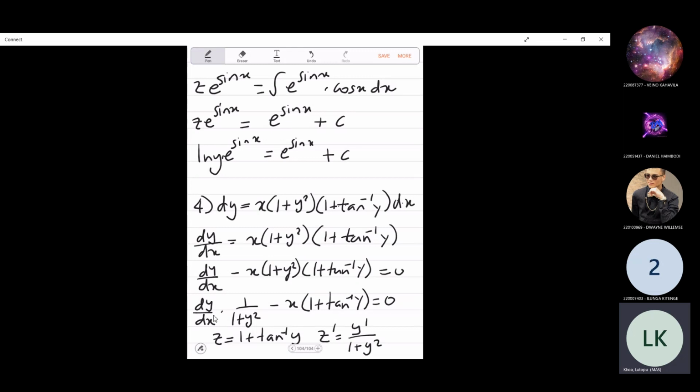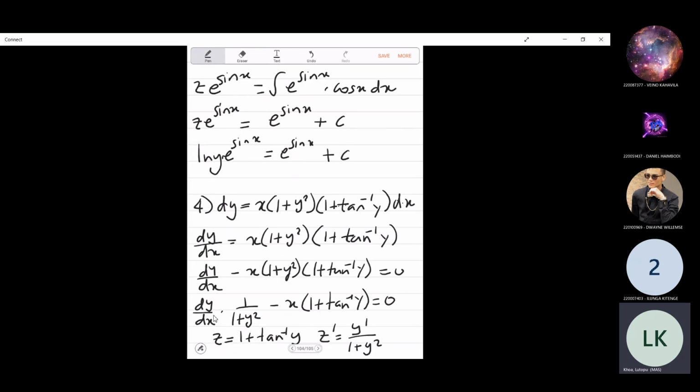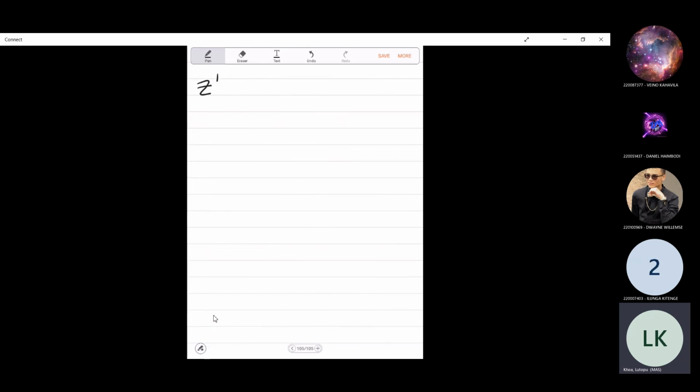And then we make our substitution. We have z prime minus xz. This is equal to 0.